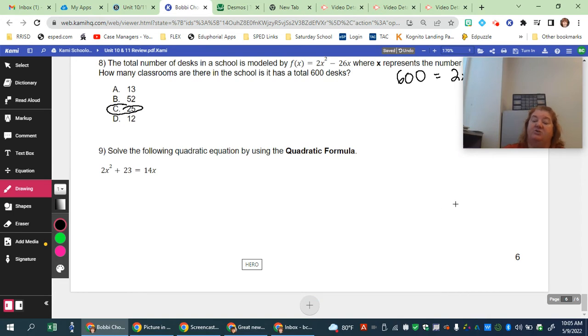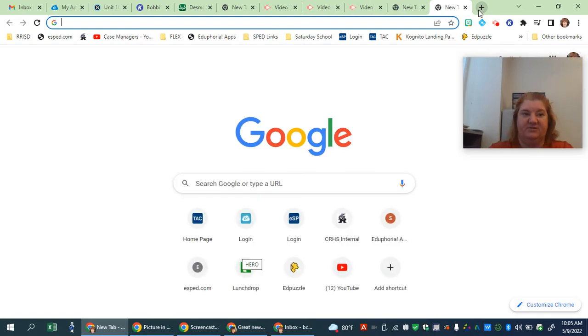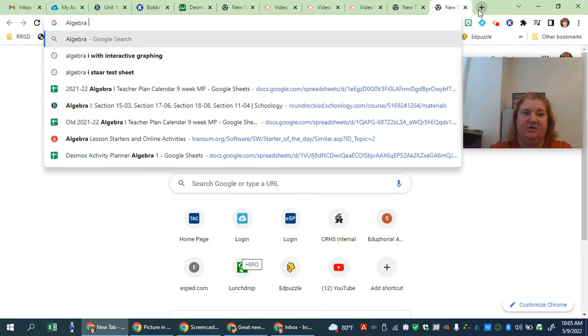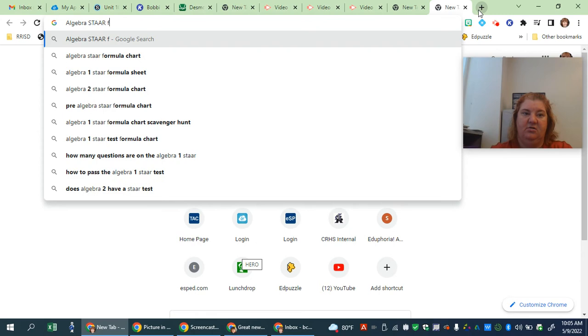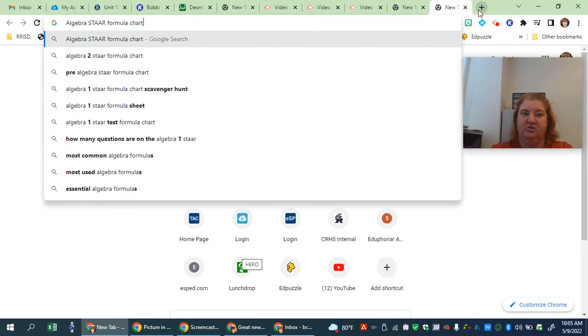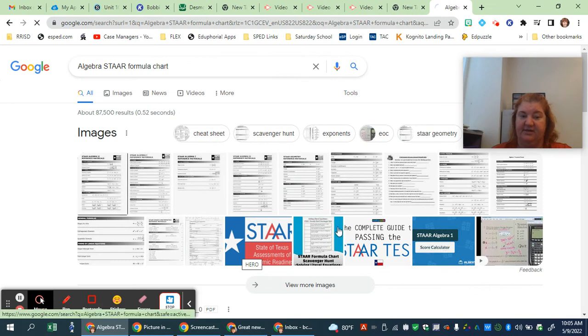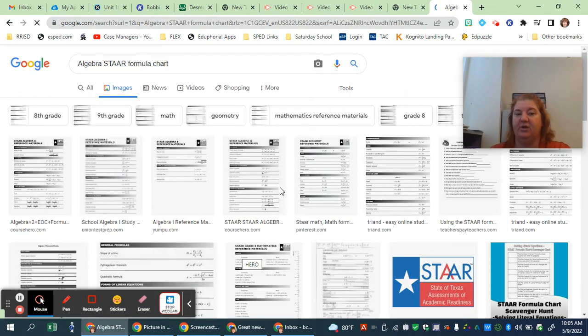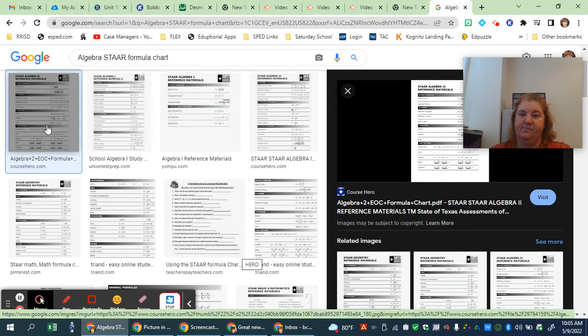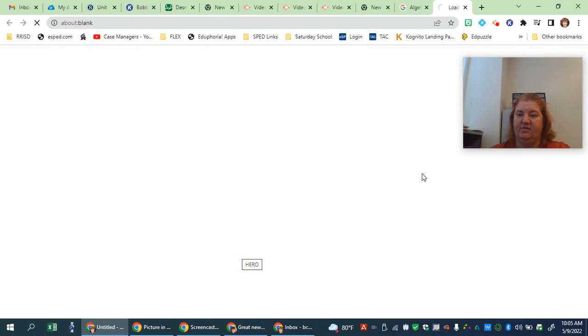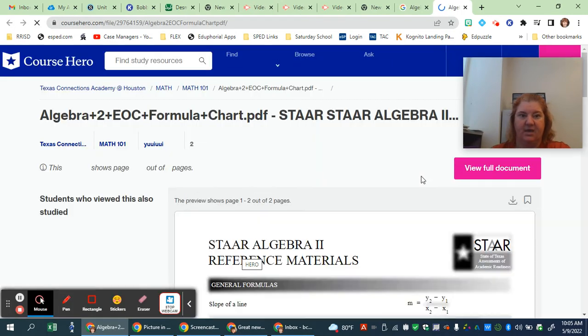Okay, quadratic formula. So you have your formula sheets. Let me get the Algebra STAR formula chart. Actually, they call it a reference chart now, but here it is. Okay, so if you look at the reference chart, boy, they're just not going to show that to us, are they?